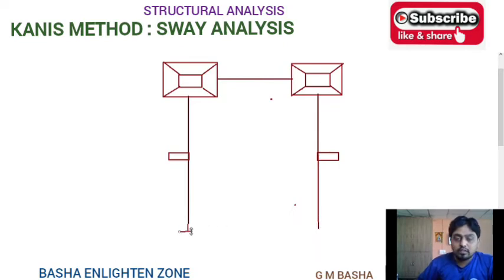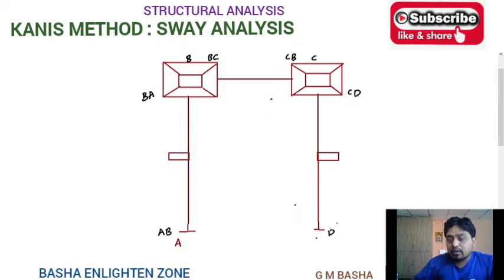So this is fixed one, and take down the values A, which is AB here, BA at B, BC, CB at C, and here it will be CD, D will be DC. So take down fixed moments.